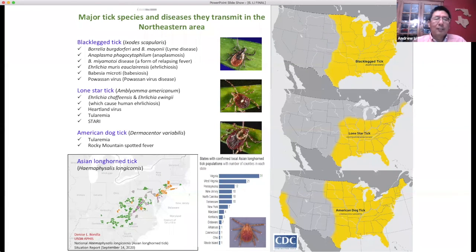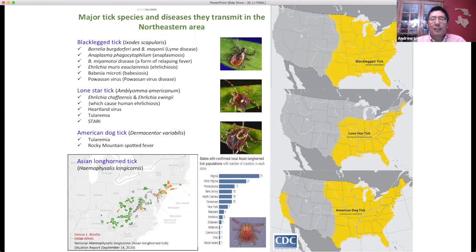Here I also included a slide on the Asian longhorn tick, which some of you who attended the earlier webinar on the topic may know. This invasive tick species was first discovered in New Jersey, I think back in 2017. In the last couple of years, this tick has been reported in a number of states, I think now a total of 14 states.